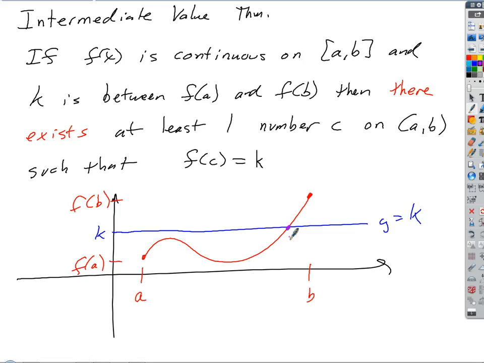Right there. That is a value of C. If I had drawn the line lower, we would have had in this case three places.